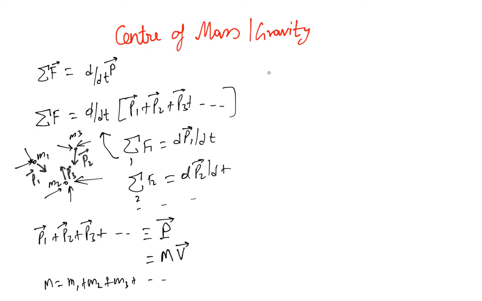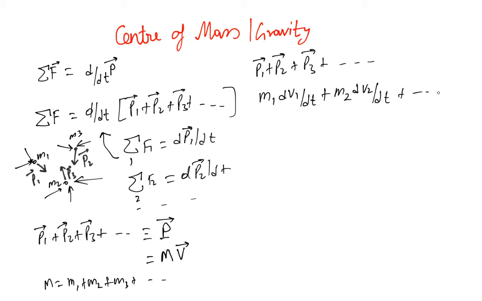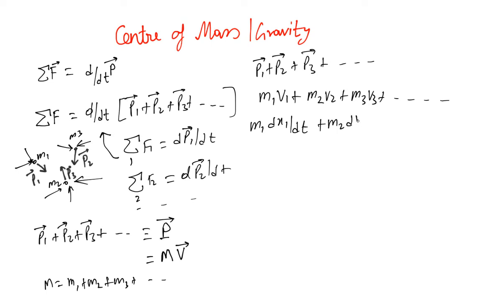So let's see, what is this? P1 plus P2 plus P3 and so on can actually be written as M1 V1 plus M2 V2 plus M3 V3, where V1 is dx1 over dt, so this is M1 dx1 over dt plus M2 dx2 over dt and so on.